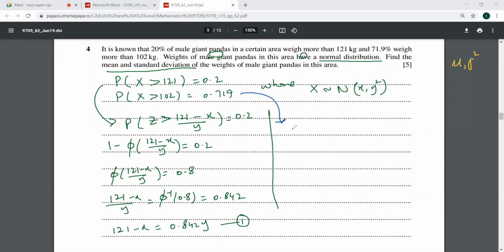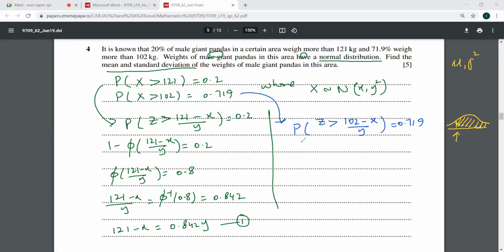And then from this one, you will start by standardizing. Z is going to be more than (102 minus x) over y. That is going to be 0.719. Now this is a problem here. We have a greater than sign and this one is more than 0.5. Just to visualize this, all this area is going to be 0.719, so this is referring to a negative value here.